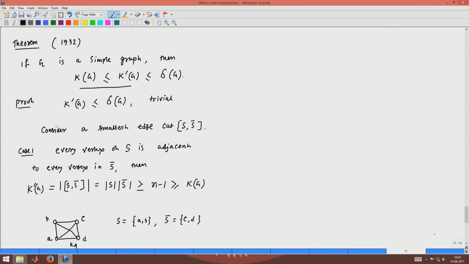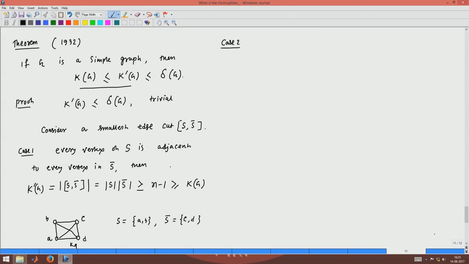I hope that this is clear. Now, let me talk about the other case. It is not the case that every vertex of S is adjacent to every vertex in S complement.